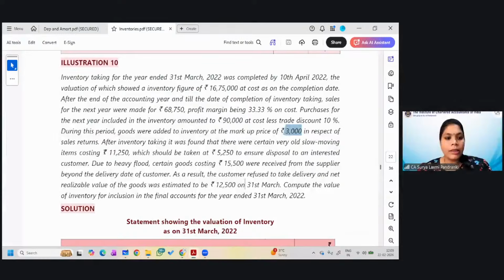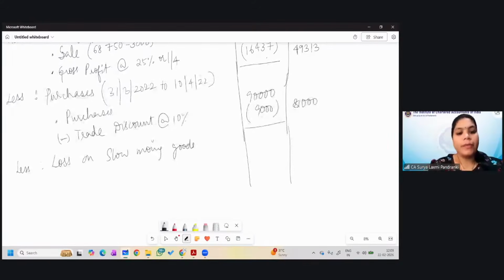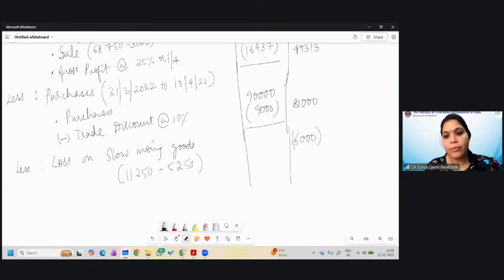They told 11,250 is the cost, and then it should be taken at 5,250. So it is 11,250 minus 5,250. How much is the loss we have? 6,000. Fine. Yes, 6,000 is the right answer.